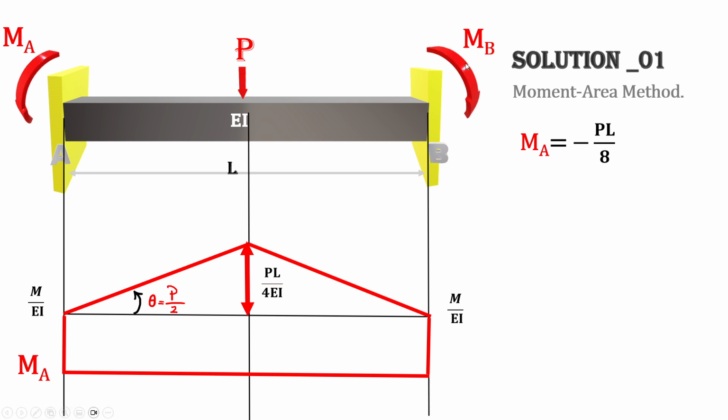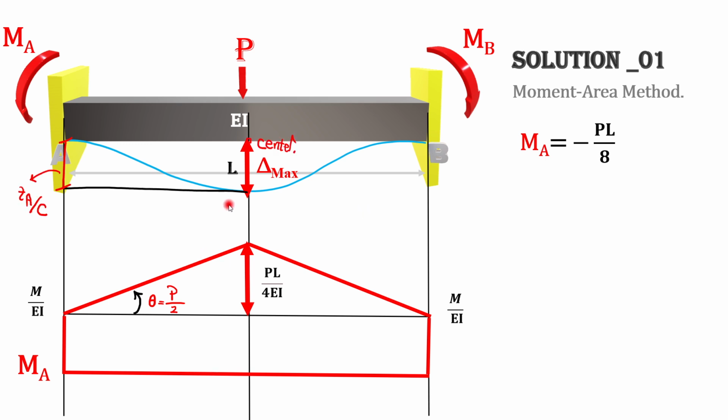Now for calculation of delta maximum, we need to use the second moment area theorem. If we draw a horizontal line from the center line and calculate the tangential deviation of this vertical line from A with respect to center, that's exactly the amount of delta maximum.